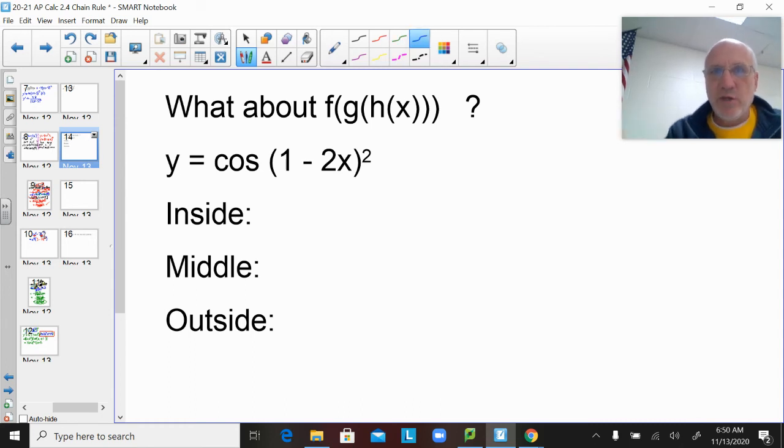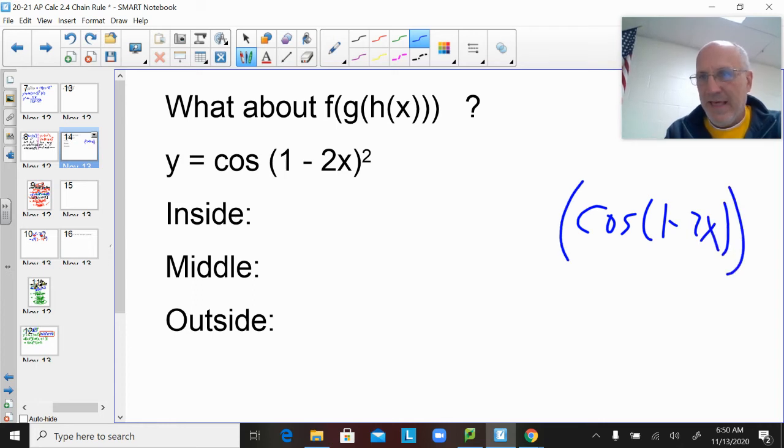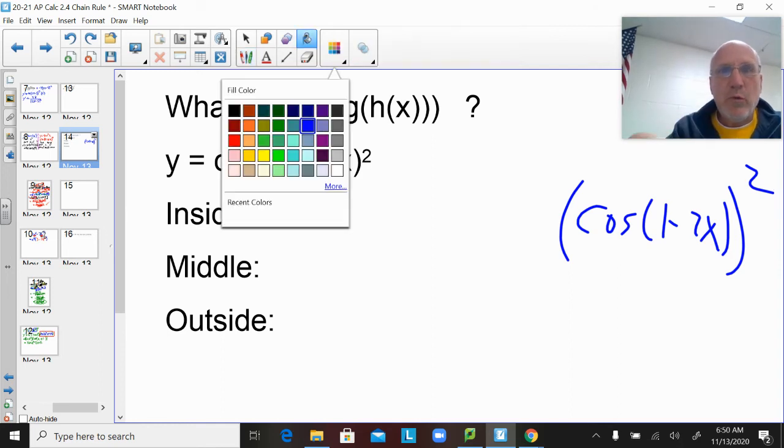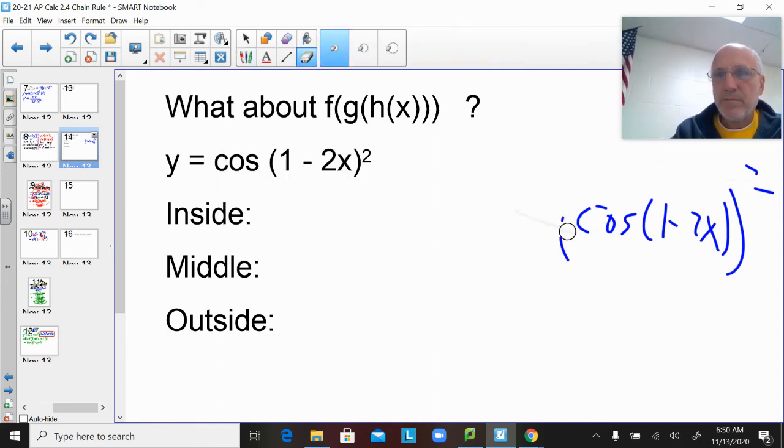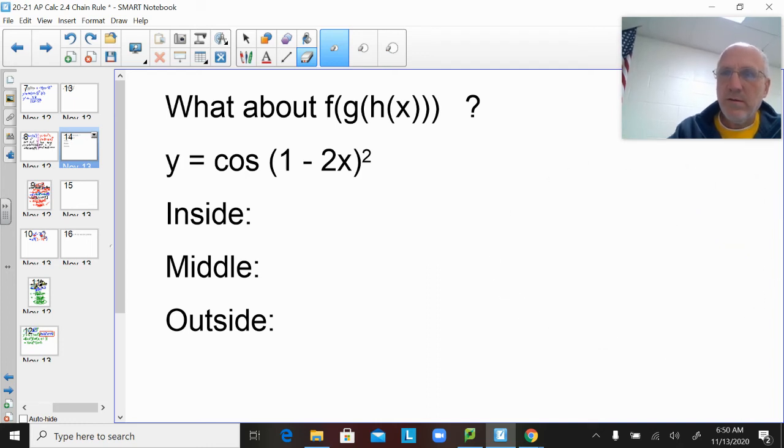And I'll remind you with this whole trig notation, that does not say cosine of 1 minus 2x. That's not what it says. That'd be a different function. I could do that one also, but we're not doing that here. So my inside function here is 1 minus 2x.